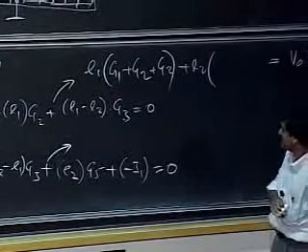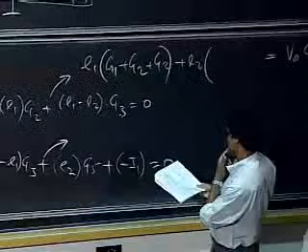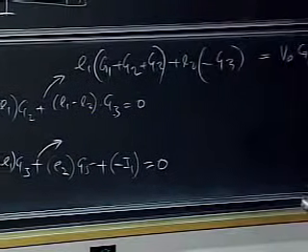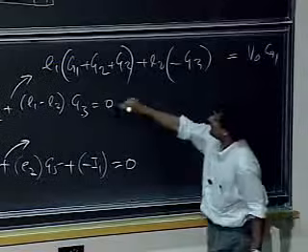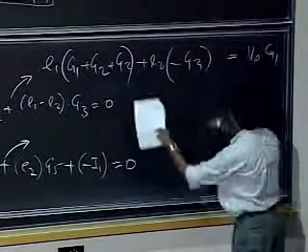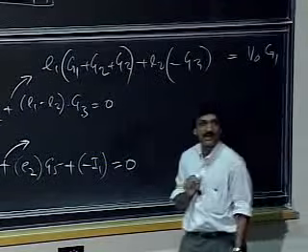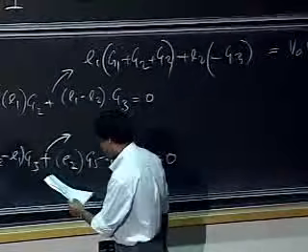And then for E2, I have minus G3. Okay? So I've simply expressed this as the element voltages multiplied by some terms in parentheses, and I put my external sources on the right-hand side.